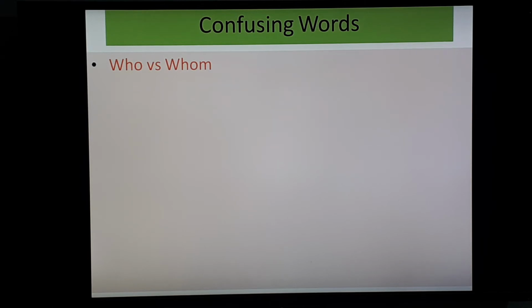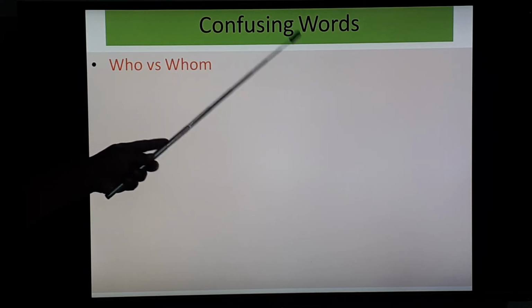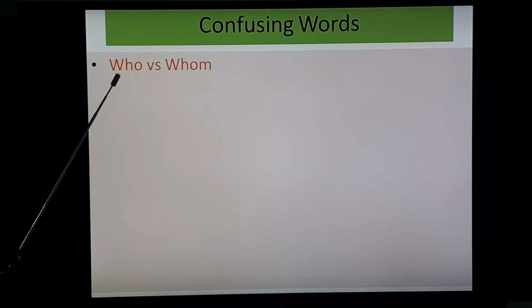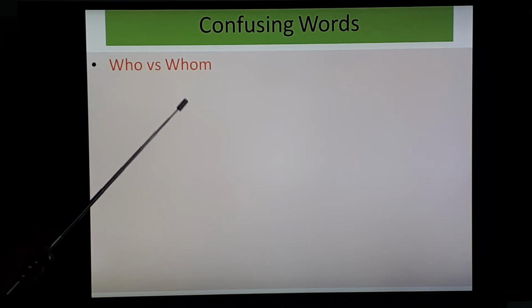Okay, let's see some confusing words. First, we will start with who versus whom. Sometimes you might get confused in using who or whom. So, this table will clear your doubts.